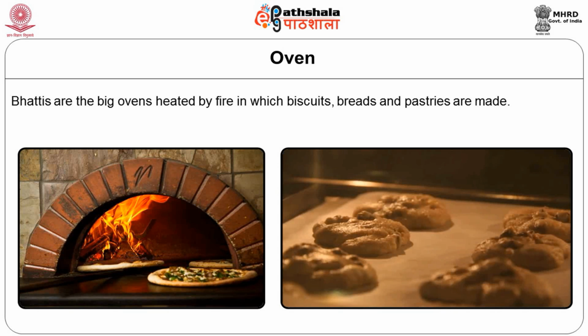When you go to the bakeries in cities, you can see that the quantity produced is more because of the type of equipment they are using. It is fully automated, mechanized and computerized, which will help in the surplus production.